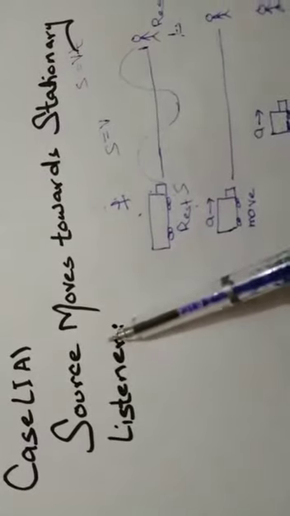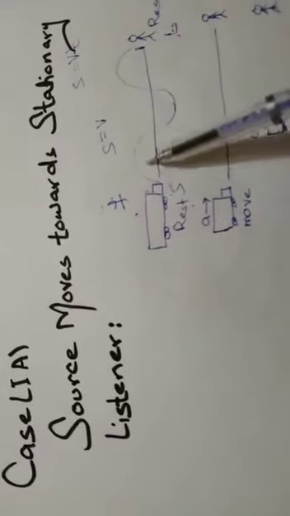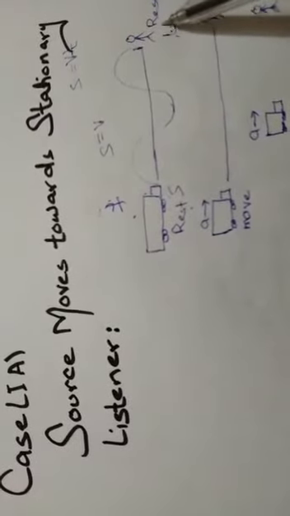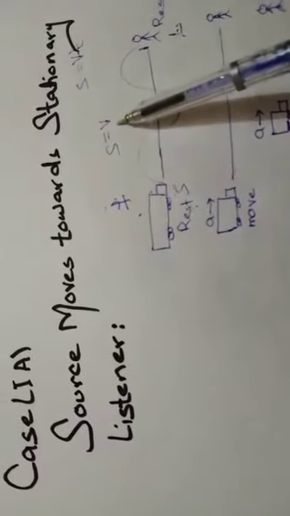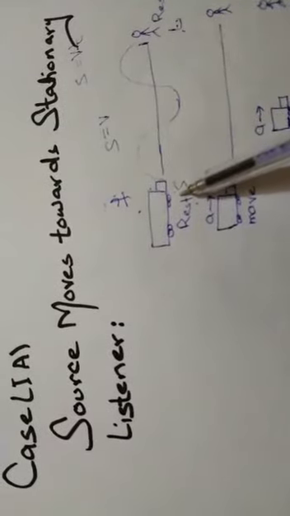So first we consider that the source moves towards the stationary listener. Here when both are in a state of rest, the distance between source and listener is equal to V, and f number of waves are generated by the source.